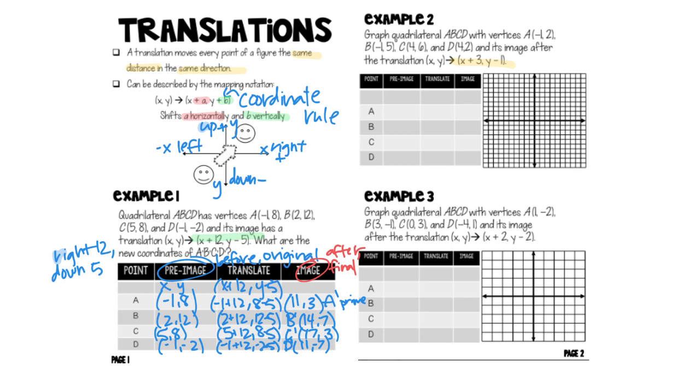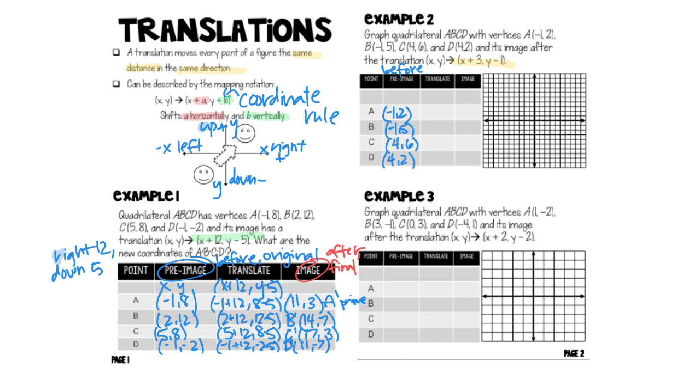I'm going to, again, write down my pre-image points. Negative 1, 2. These are before or the original. Negative 1, 5, 4, 6, and 4, 2.